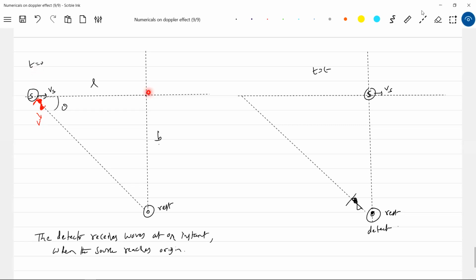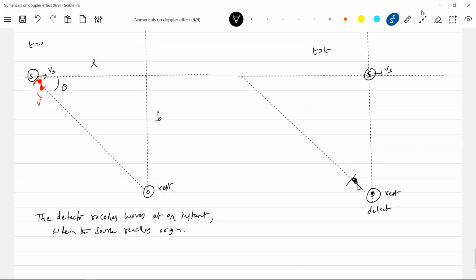By the time the source is at origin, the waves are received by the detector. He's asking what is the apparent frequency of the waves when the source is at origin. Find the apparent frequency of waves detected by the detector. Okay, how to do it now?